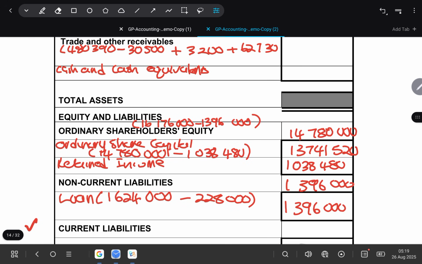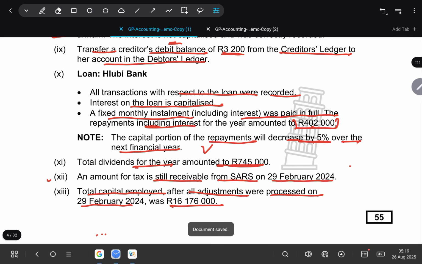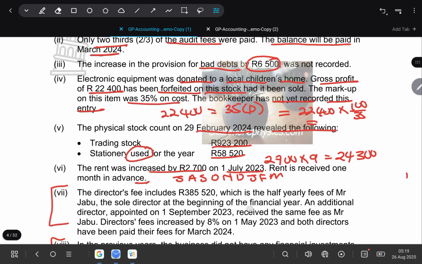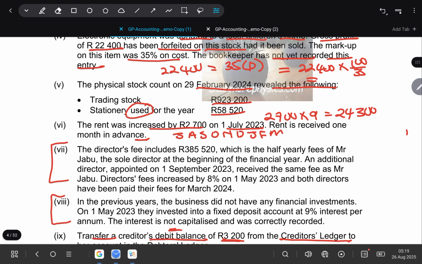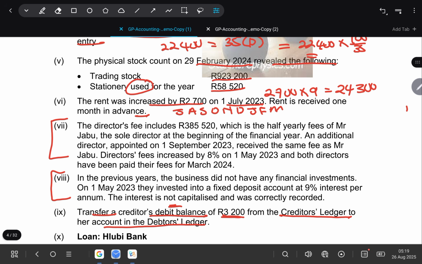Now, when you look at this, we are only left with a transaction on director's fees and the one for interest. So the easiest one we can tackle is our interest. They're saying in the previous year, the business did not have any financial investments. On 1 May 2023, they invested into a fixed deposit account at 9% interest per annum.